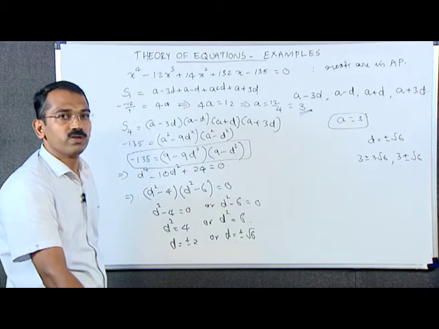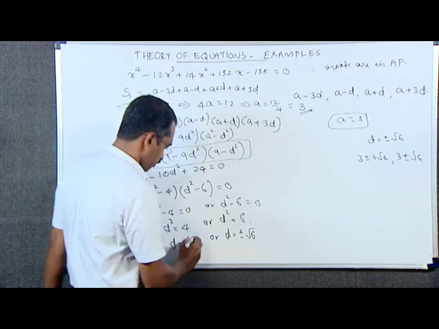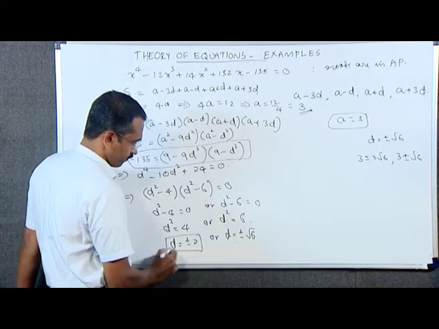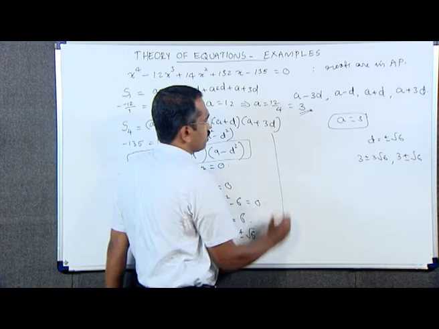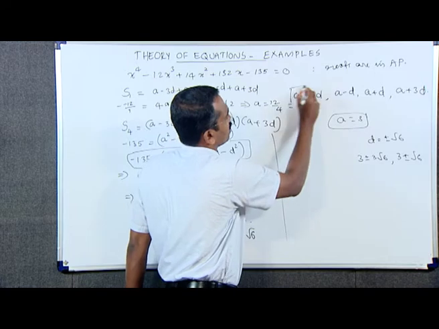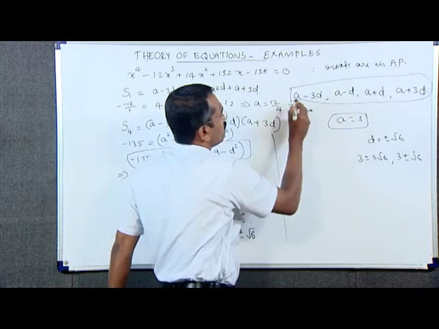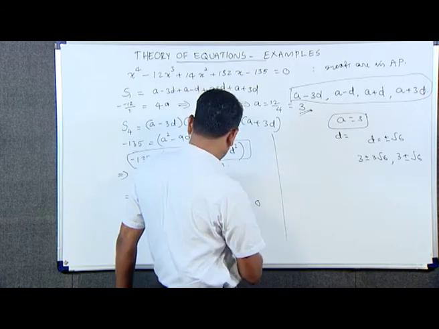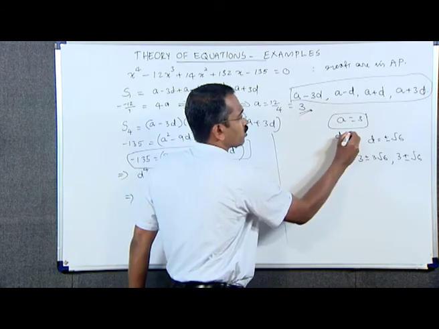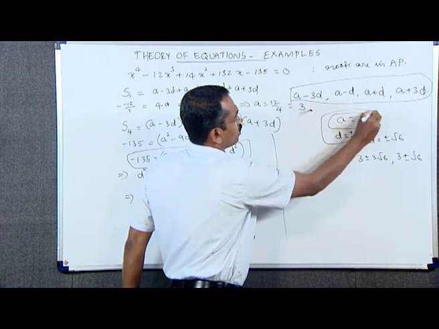Therefore, we will take d is equal to plus or minus 2, and the required roots can be written as the assumed roots. A is equal to 3 and d is equal to plus or minus 2.